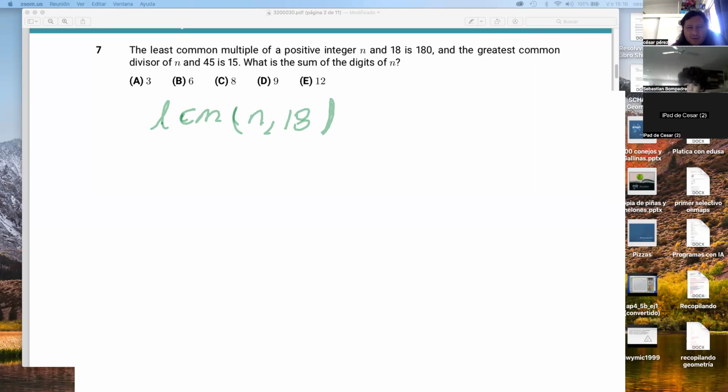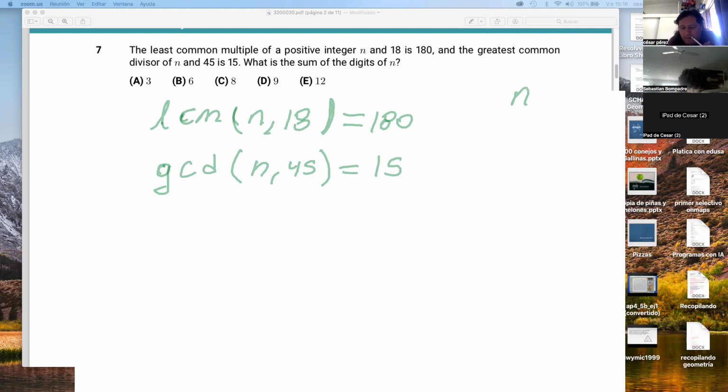Why? Because multiple of n is 180. So n and 18, the common multiple is 180.